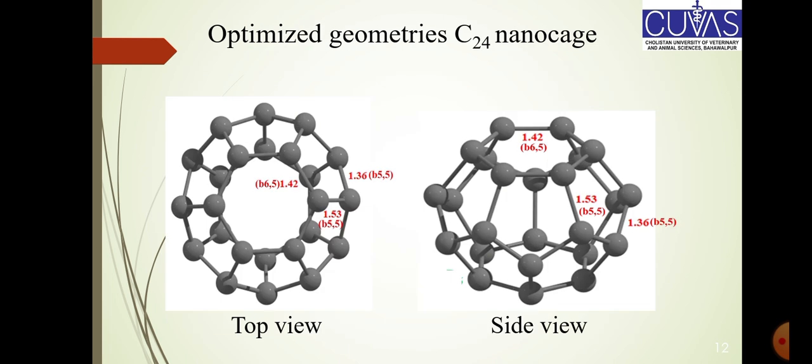Starting with the optimized geometry of the C24 nanocage, which is considered best for its stability and catalytic activity. Here we present the top and side view of the optimized geometry of the C24 nanocage. The C24 nanocage comprises 12 pentagonal and 2 hexagonal faces. These faces are also ideal for the doping of catalyst.